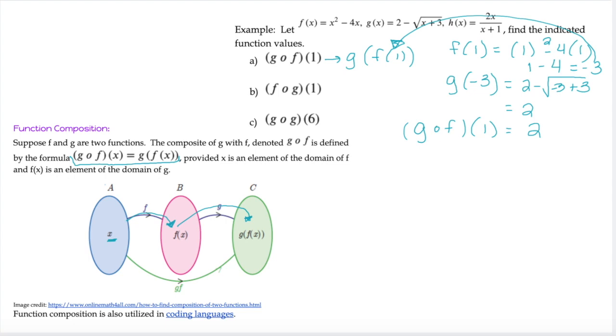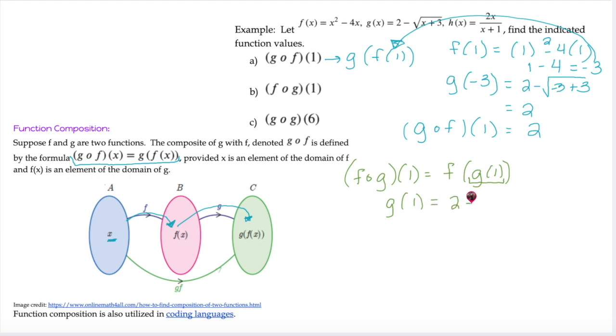Let's go backwards, or vice versa, and see what if I did f of g of 1. If I did the g function and then the f function, I'm looking for what is f of g of 1. First we start on the inside, so I want to know what is g of 1 equal to.